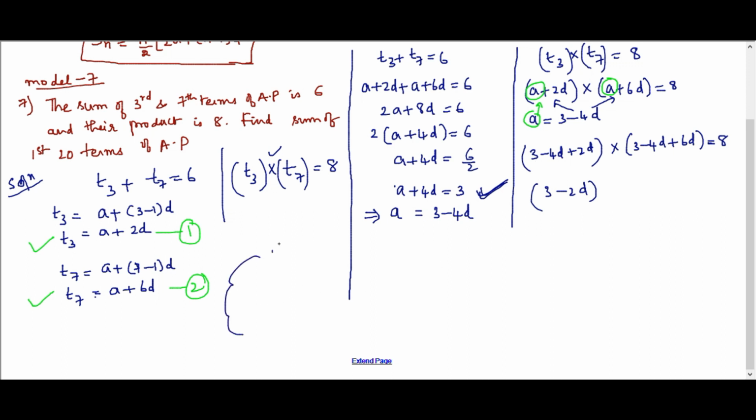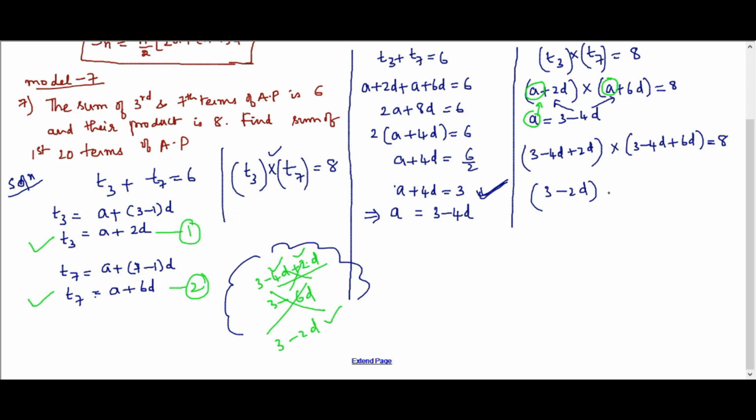I am using a cloud here to represent that mistake. People write 3 minus 4D plus 2D as 3 minus 4 plus 2 is 6, so 6D. This is wrong. You need to solve for D first. Minus 4 plus 2 is minus 2, so this is correct. So 3 minus 2D is what is correct.